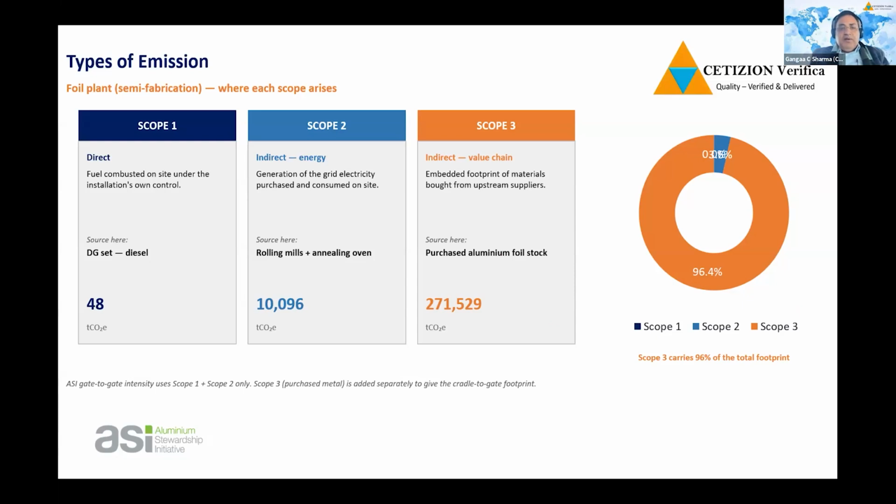So this is a typical combination, and for a foil company, or generally a downstream company, you will find scope 3 is always high, followed by scope 2, and followed by scope 1. It's a typical mix, I would say, for a typical foil industry. Next please.